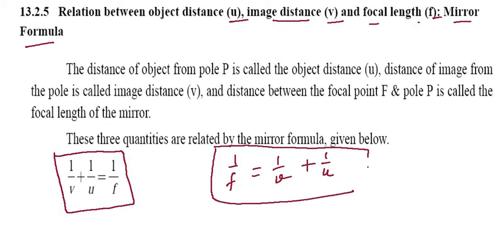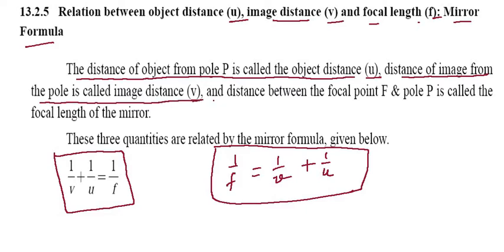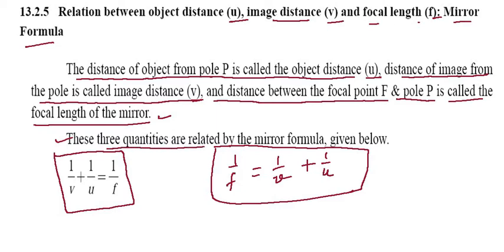It is the relationship between the focal length, distance of object, and distance of image. The distance of an object from the pole is called the object distance, u. Distance of image from the pole is called image distance, v. The distance between the focal point f and the pole is called the focal length of the mirror. So this is the relation between the three quantities, related by the mirror formula.